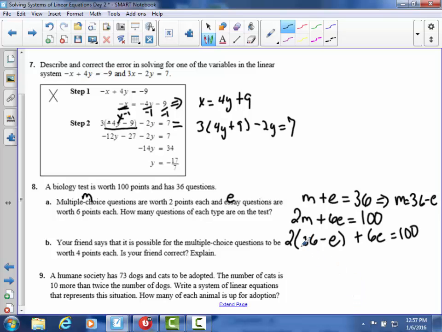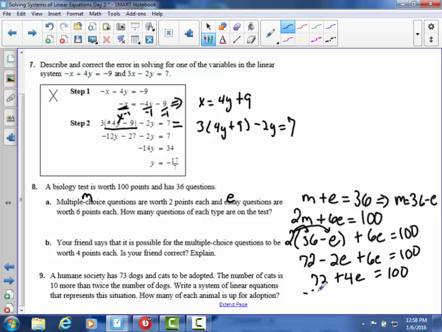Okay, and then I would distribute that 2. So 2 times 36 is 72, minus 2E plus 6E equals 100. So that means 72 plus 4E equals 100.